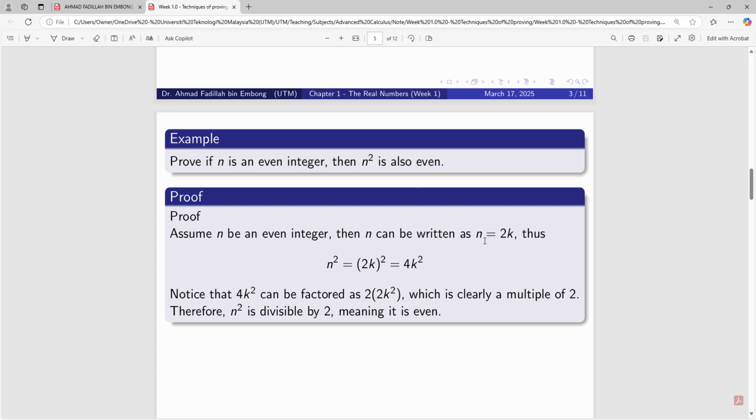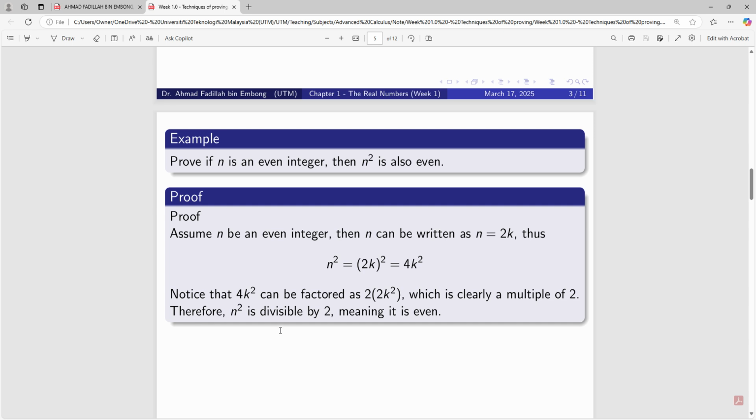So what we are going to do is take the square of this n. The square of n is equivalently the square of 2k. With the square of 2k, we get 4k squared, in which we can factor out 2, and we can see that this n squared is actually a multiple of 2.